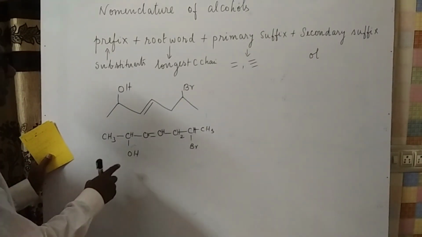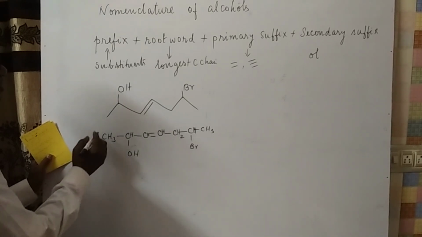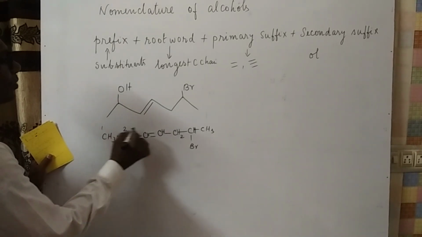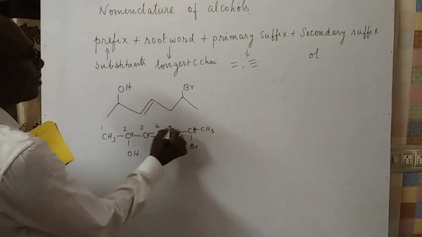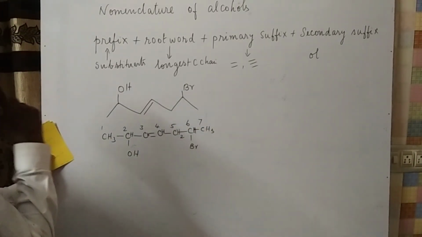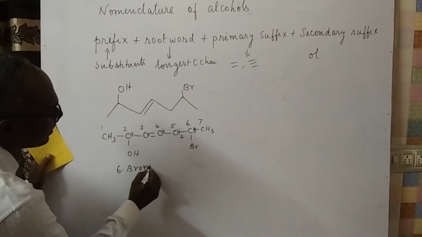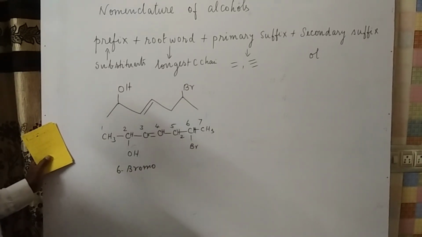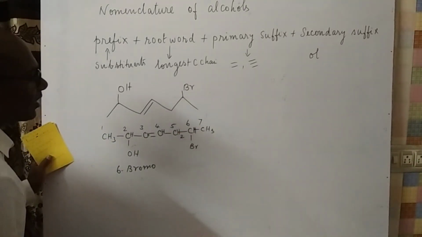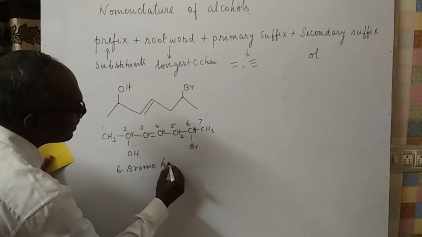You have to number the carbons in such a way that the OH group gets the least number. So it is 1, 2, 3, 4, 5, 6, 7. So 6-bromo, the first substituent. There are 7 carbons, therefore hept.